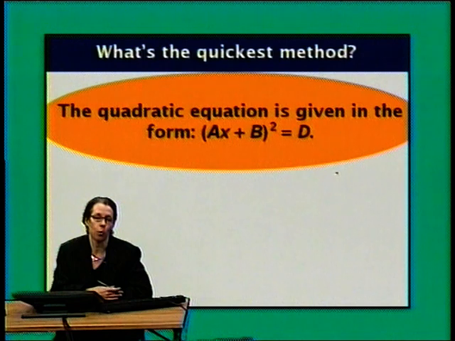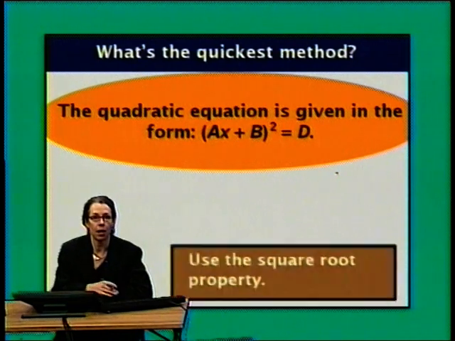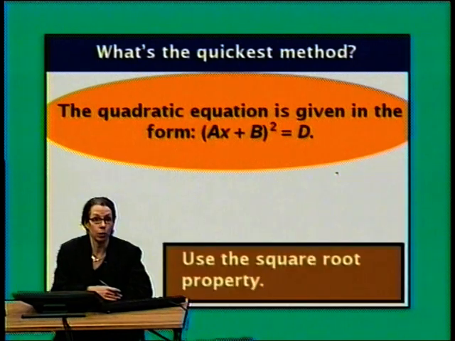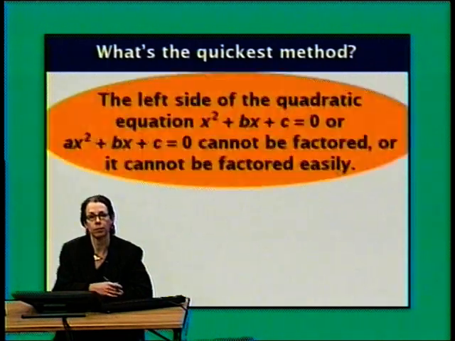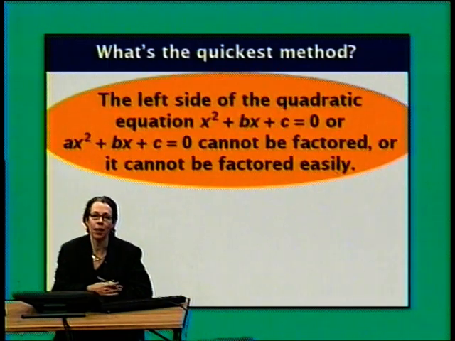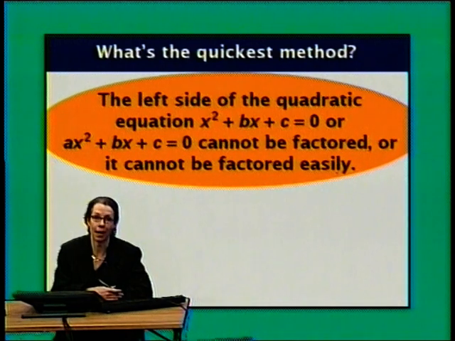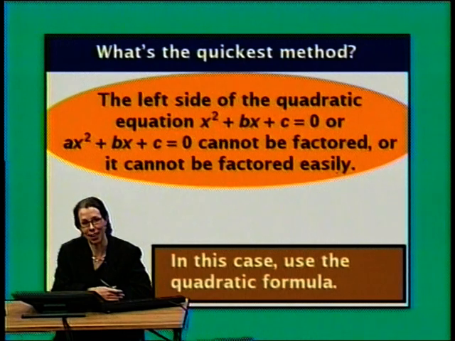There's another form where I'm going to use the square root property, and this is where I have something like 5x minus 2 quantity squared. Again, I'm going to use the square root property. But if the left side of the quadratic equation cannot be factored, or I can't factor it easily, in this case, I pull out the quadratic formula.